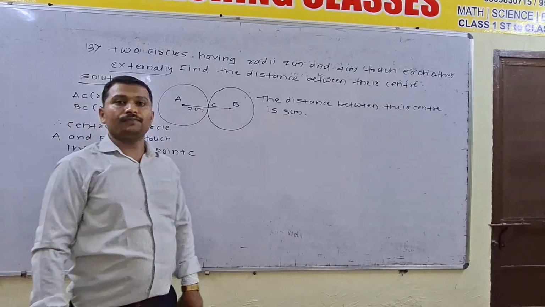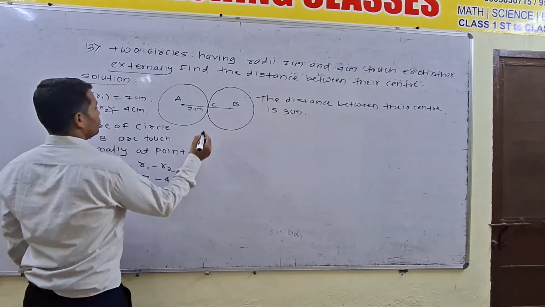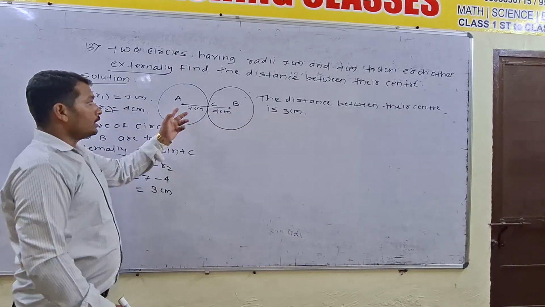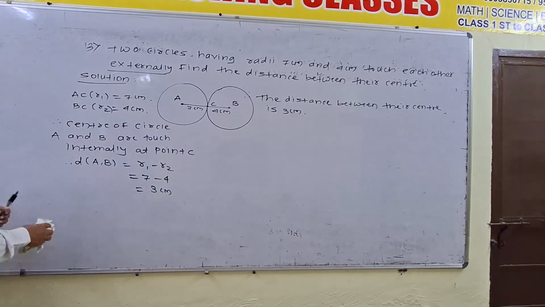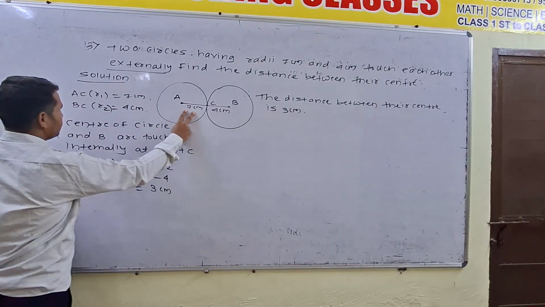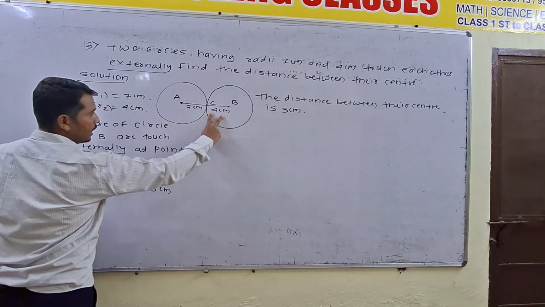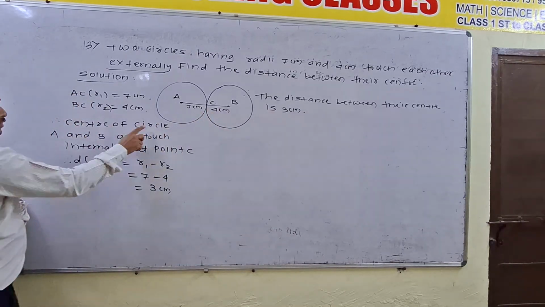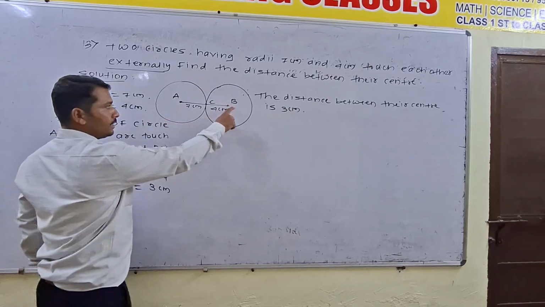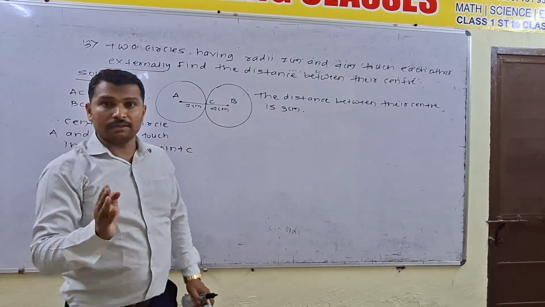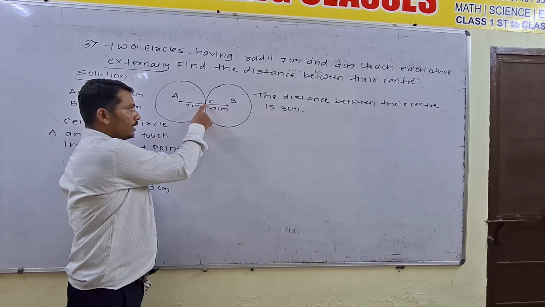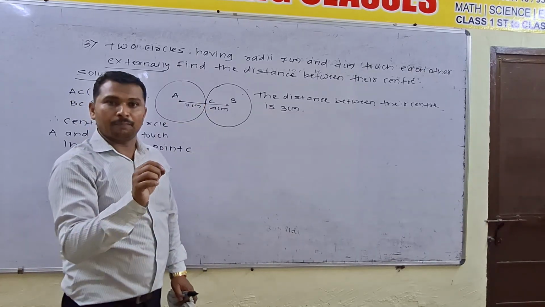The radius of the second circle is 4 cm. Circles with centers A and B. R1 is 7 cm means AC, and BC means R2 is 4 cm. Circles with centers A and B touch at point C.